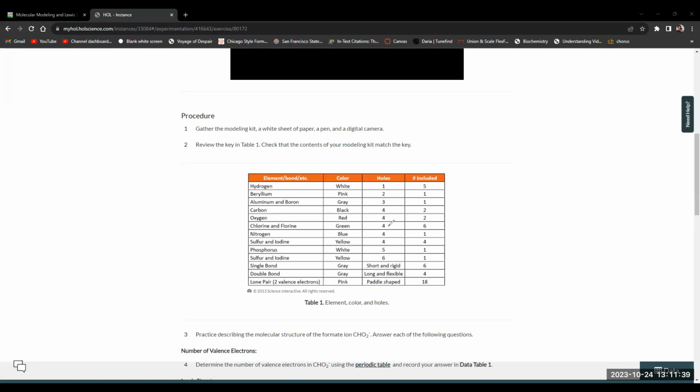And there's these pink paddles that represent lone pairs. So, can anyone tell me what a lone pair is? Or any idea what a lone pair is?